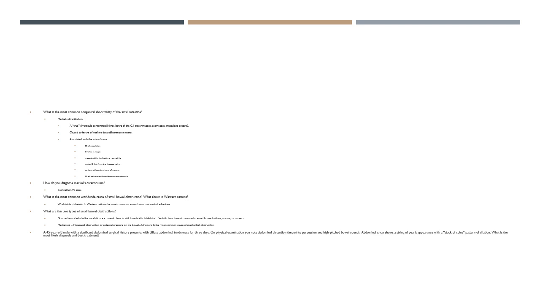And then mechanical, you have something like adhesions leading to a small bowel obstruction. So next question, you have a 45-year-old male with a significant abdominal surgical history, presents with diffuse abdominal tenderness for 3 days. On physical exam, you note abdominal distension, tympany on percussion, and high-pitched bowel sounds. Abdominal X-ray shows a string of pearls appearance as well as a stacked coins pattern of dilation. What is the most likely diagnosis and best treatment? So this is going to be a small bowel obstruction due to adhesions.